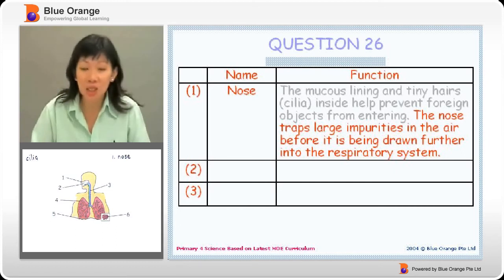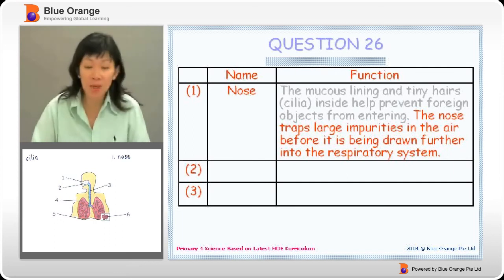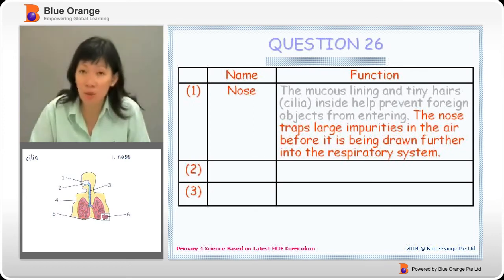So here, the nose traps large impurities in the air before it is drawn further into the respiratory system. So very easily, if they were to ask you what's the function of the nose? Well, we say that the function of the nose is to trap large impurities in the air before air is being drawn further into the respiratory system.